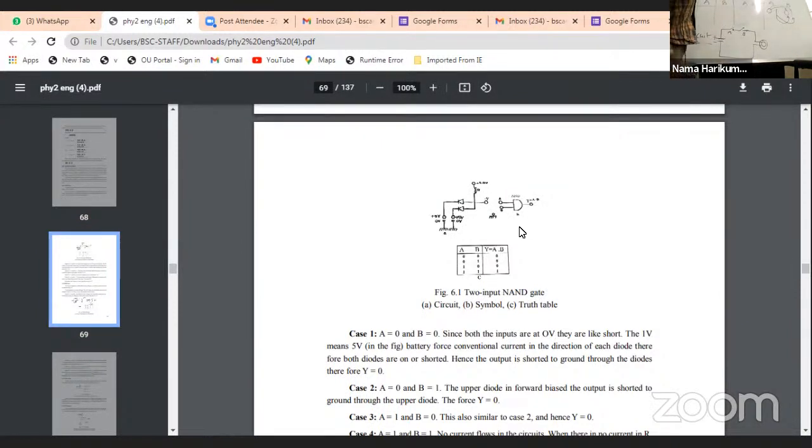Completely, 1, 2, 3 and 4: 4 maximum combinations or possibilities. So that's why the A and B combinations are: first 0 0, second 0 1, third 1 0, and finally 1 1. It is here. Right.